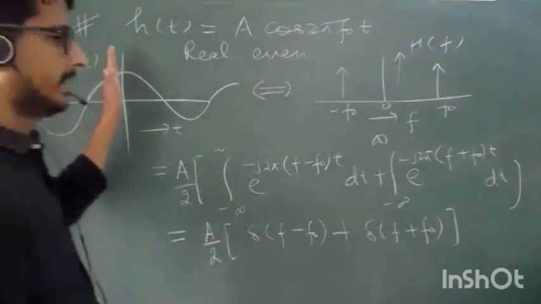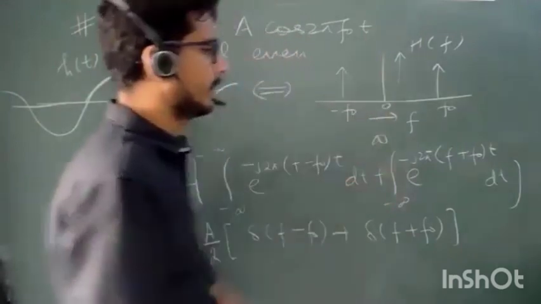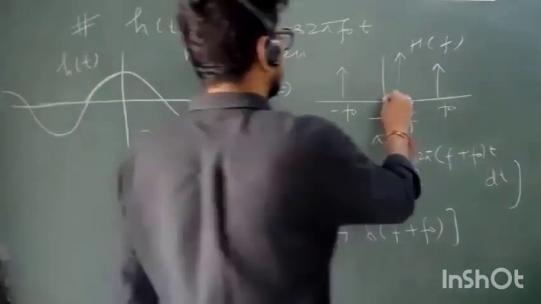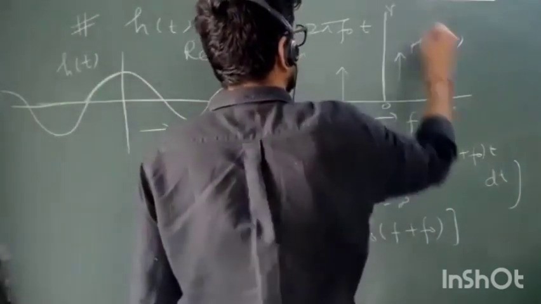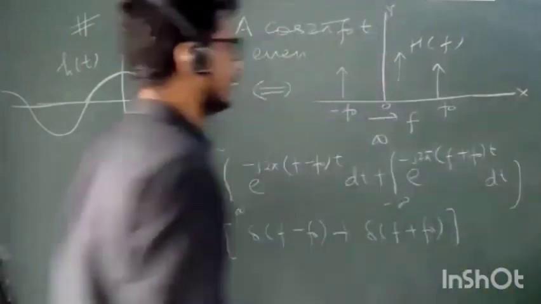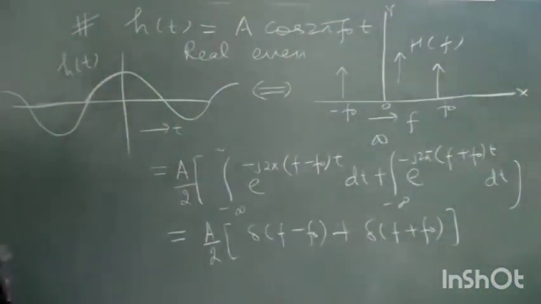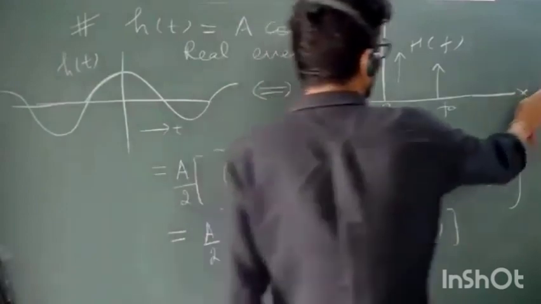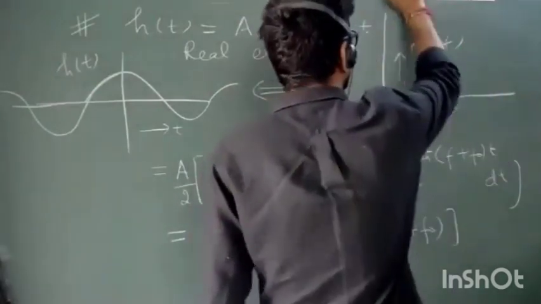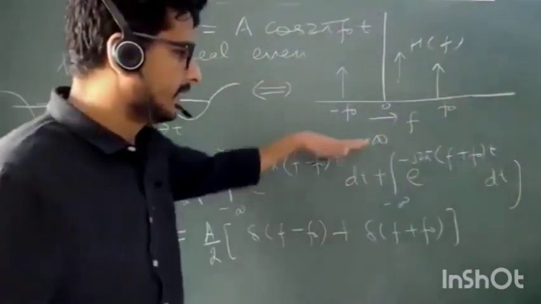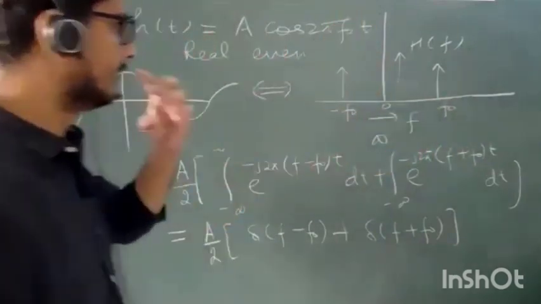This is also symmetric about the y-axis, this is also symmetric about the y-axis. You can see that this is the y-axis. We don't write it here just not to confuse you. This is just the x-axis, but we are taking frequency on this, and this is the y-axis, we are taking H(f) on this.